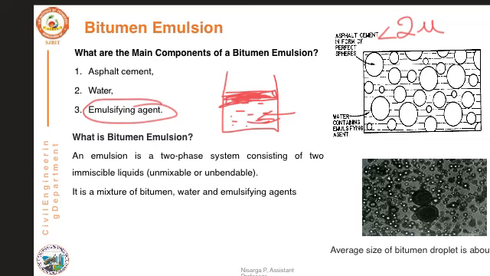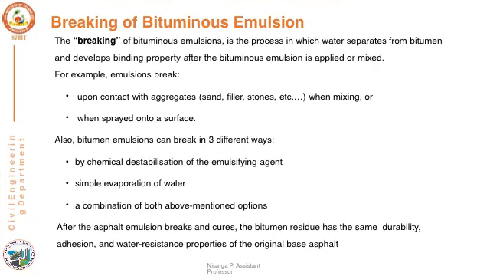That's why we call emulsion a two-phase system, consisting of one phase which is bitumen globules having a size less than 2 microns, and another phase which is the water containing the emulsifying agent. Generally, soap water can act as the emulsifying agent.